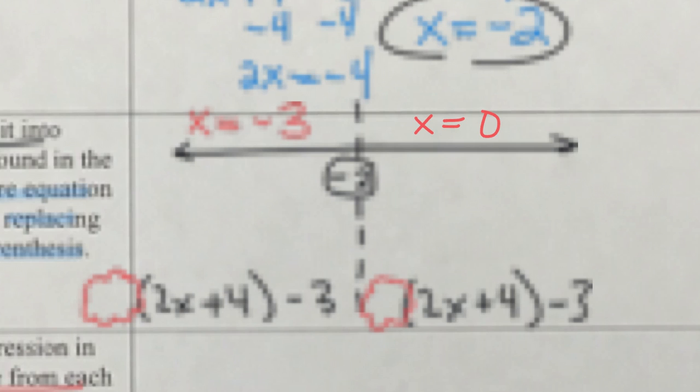What we're going to do is replace x just in your parentheses. We're going to plug x into here only. We're not going to worry about that minus 3. You're only going to plug it into 2x plus 4. So what is 2 times negative 3 plus 4? That's negative 6 plus 4.